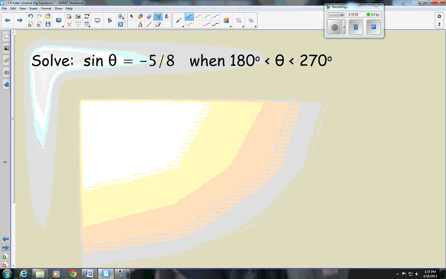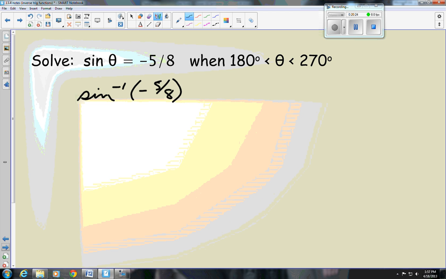So if it's not one of those nice functions that's going to fall on those special angles, then you're going to use your calculator. So to do that, if I have the sine of theta is negative 5/8, you're going to say the inverse sine of negative 5/8. So put that in your calculator.